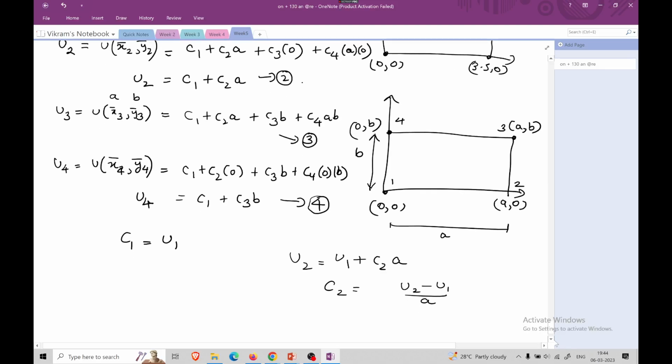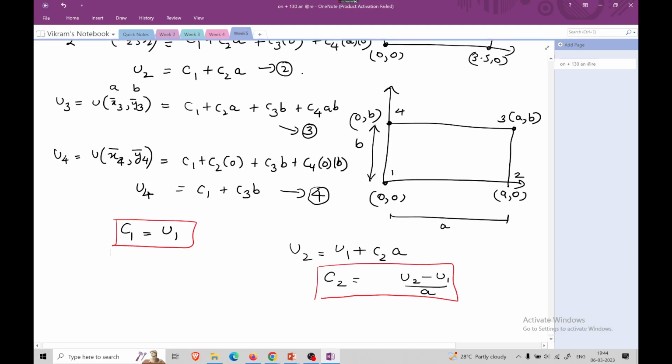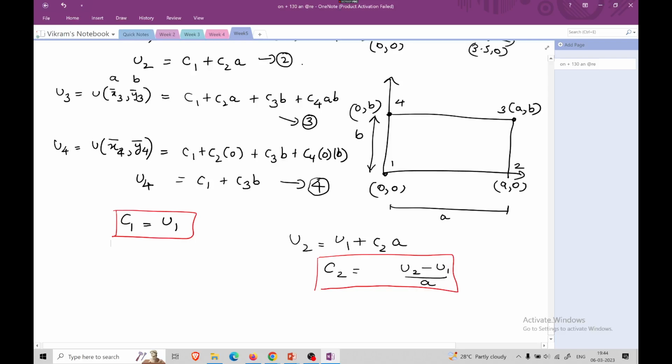See how simple this is turning out to be. Instead of solving a matrix and inverting it, we are directly now getting C1 and C2. That is because of the type of the element we have chosen and the type of the coordinates we have chosen. Since there are 0s, it has made our calculations much simpler.